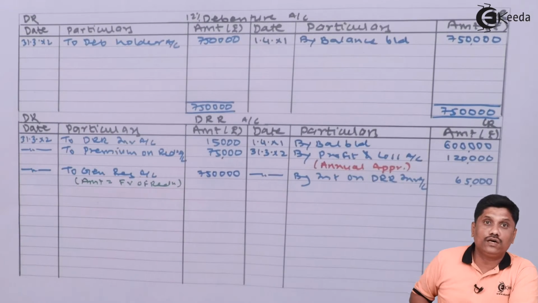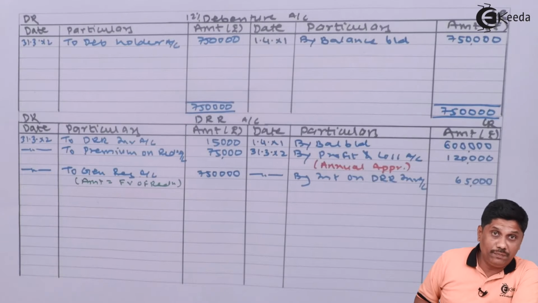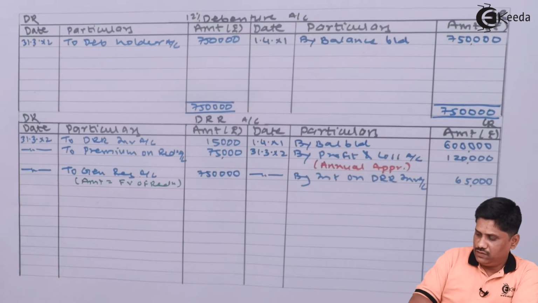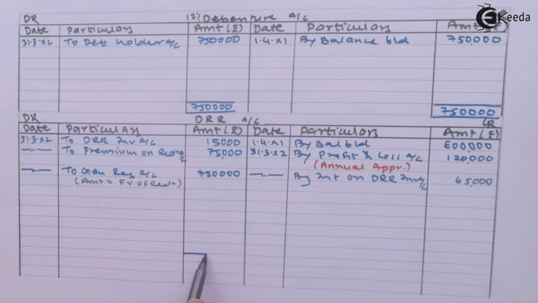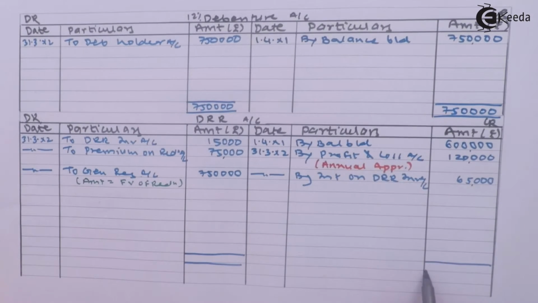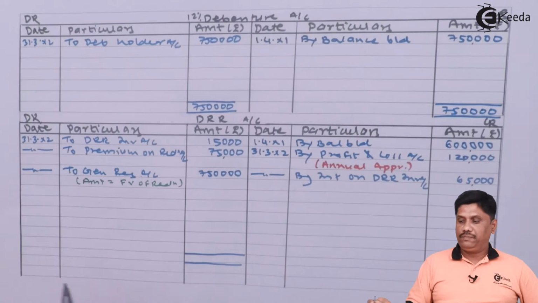Now when we close the account, if we find credit balance, that means we have a capital profit which is transferred to capital reserve. If we have a debit balance, that will be set off against P&L account. So let us see which side is heavier. Here we can notice debit side is heavier.